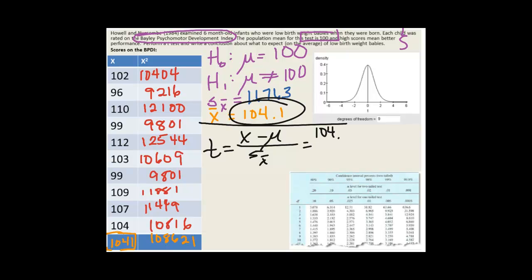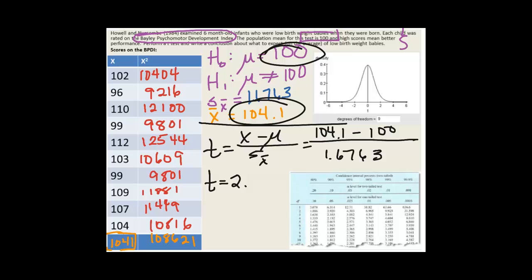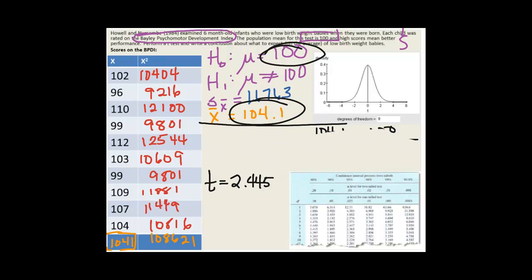Subtract the mean in the hypothesis that we're comparing, all divided by the S sub x bar, which was 1.6763. That gives us a t-test statistic of 2.445. So that's pretty far out on a normal distribution, and I'm suspecting we're going to see a significant difference here. But I don't want to just guess. I want to actually confirm.